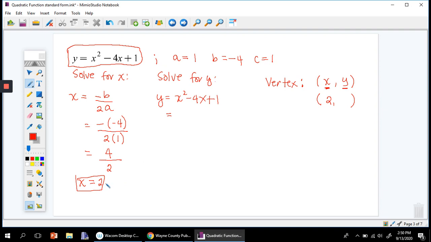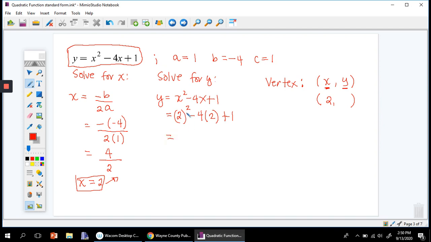So we just simply plug this value of x into the given function. So I will just change all my x with 2. Instead of writing x, I will write 2. So x squared will become 2 squared minus 4 times 2 plus 1. Remember to substitute 2 to all your x.